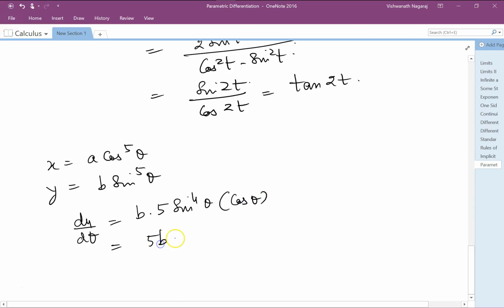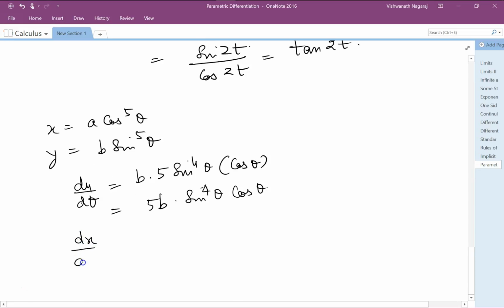So 5b sin 4 theta cos theta. Now dx by d theta is equal to what? 5a cos 4 theta, and then minus sin theta, which is minus 5a cos 4 theta sin theta.